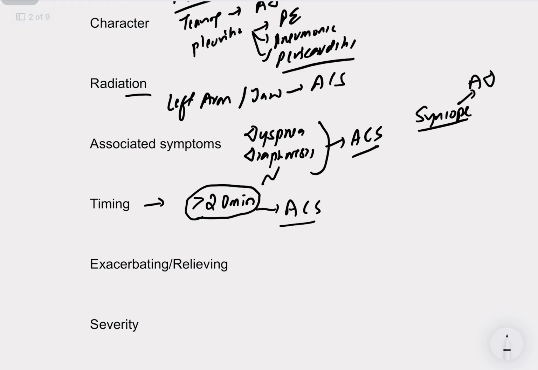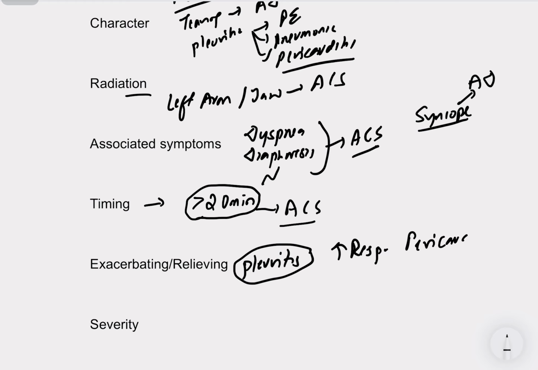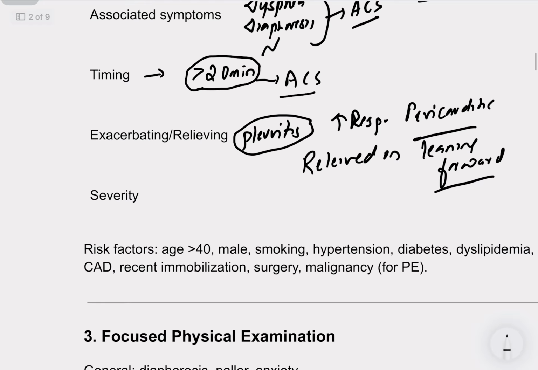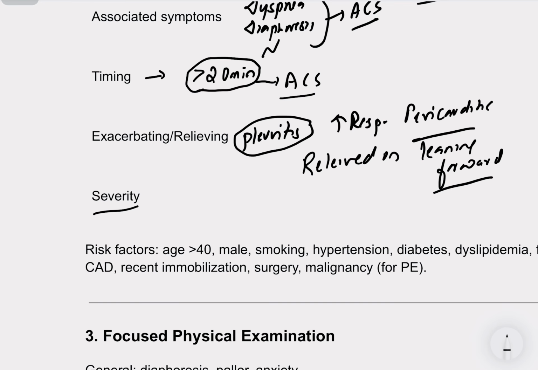Exacerbating and relieving factors: pleuritic chest pain which increases on respiration can be due to pericarditis, which is relieved on leaning forward. Severity we'll look at with the pain scale.